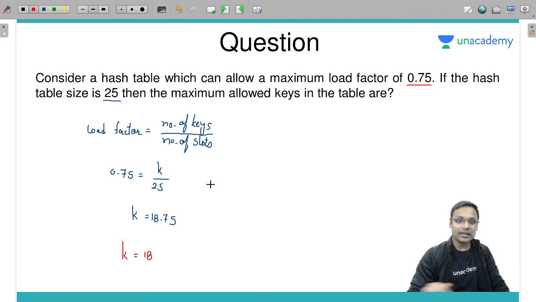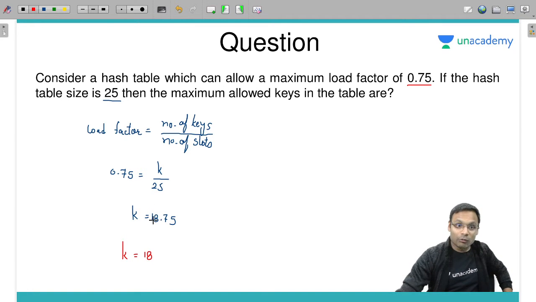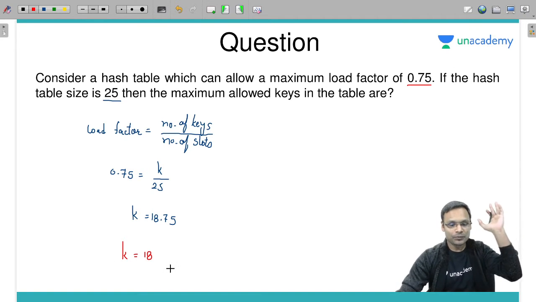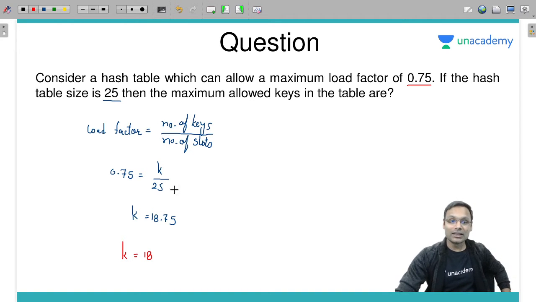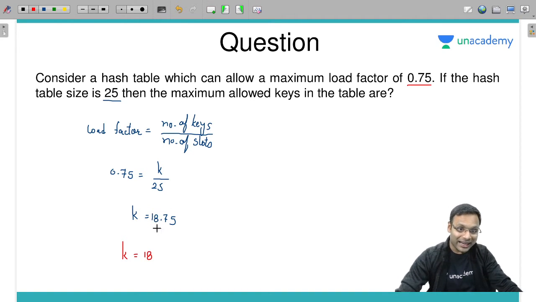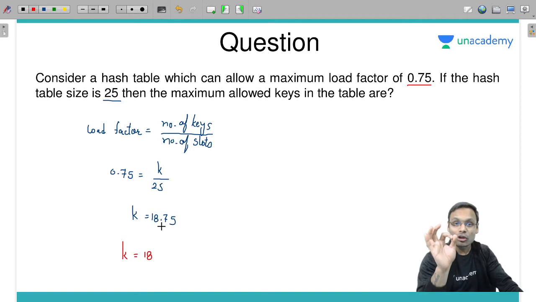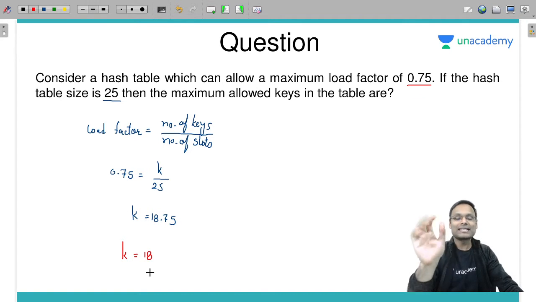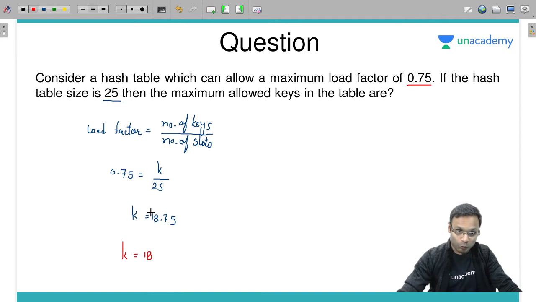Maximum load factor is this one, cannot have more than that, means number of keys will be 18, not the 19. So whether you get 18.98 also or 99 also after this division, then too you will have your number of keys 18 only. Floor value of this.